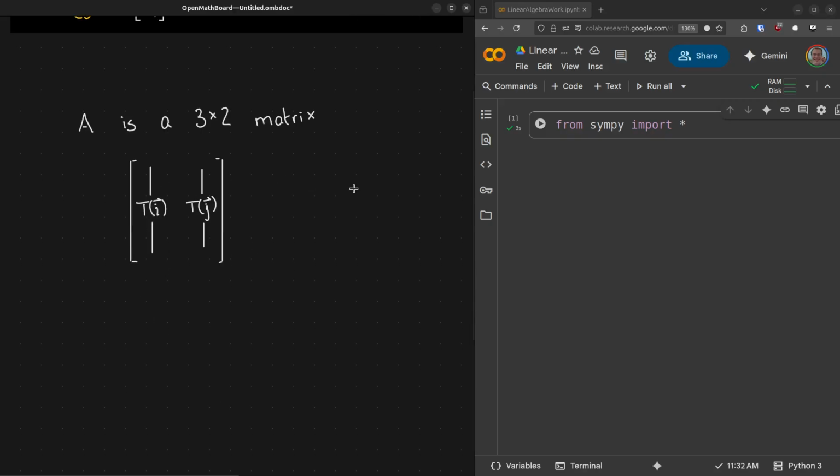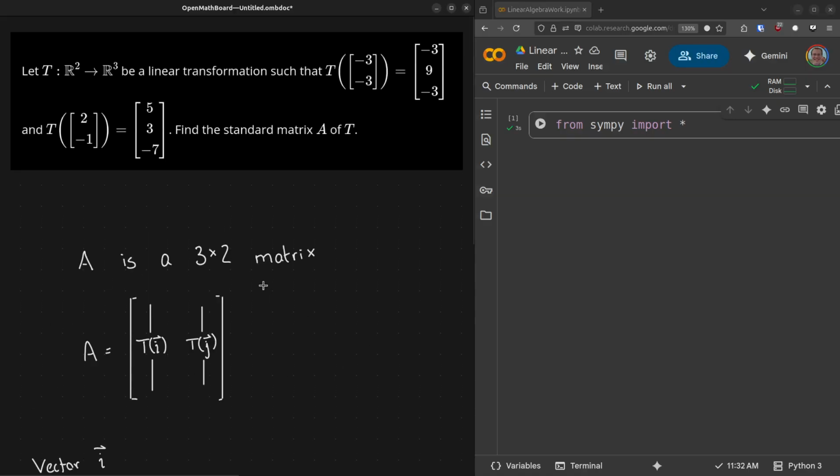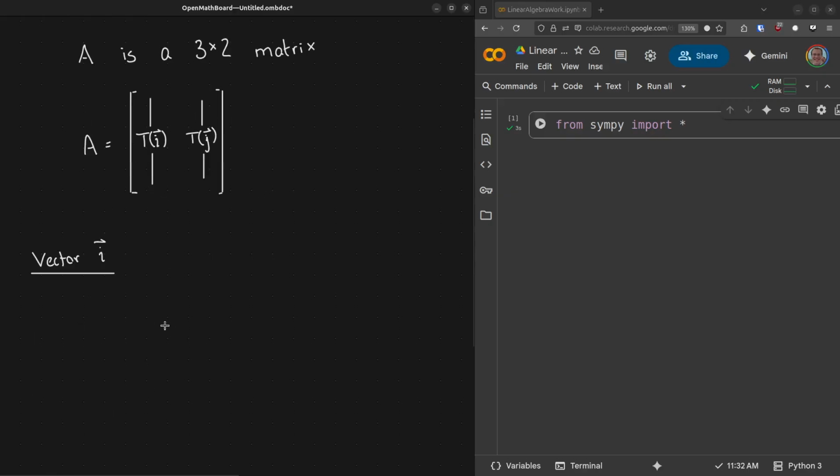So let's start with vector i. Vector i is the vector (1, 0) in R2.